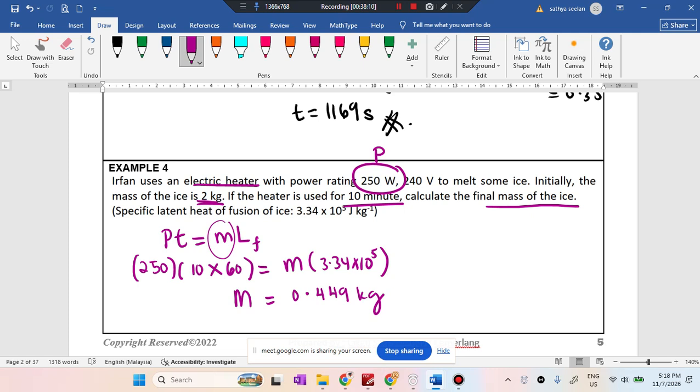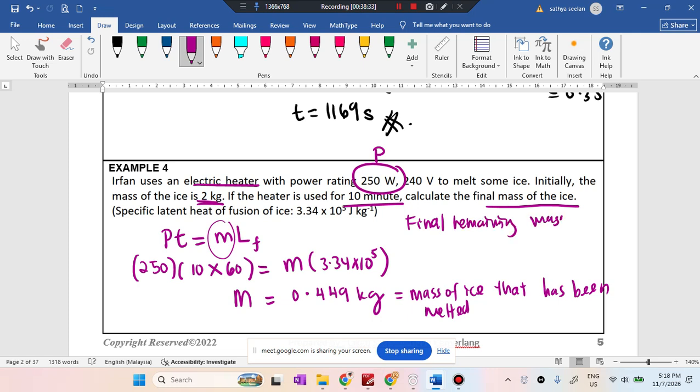Dapat tak? 0.449 kg. But this mass is referring to what? Mass of ice that has been melted. So, what is the final remaining mass? Take the initial 2 kg minus 0.449.